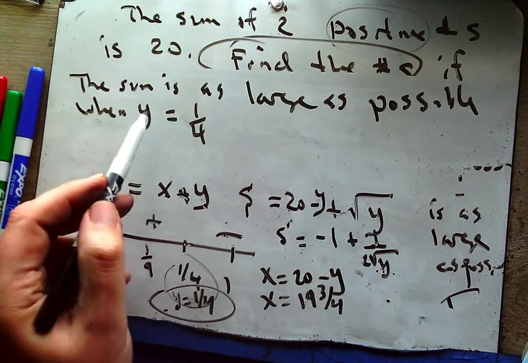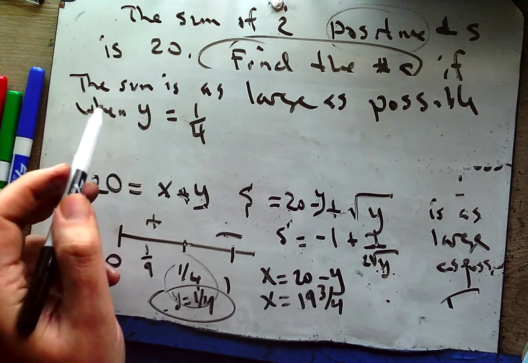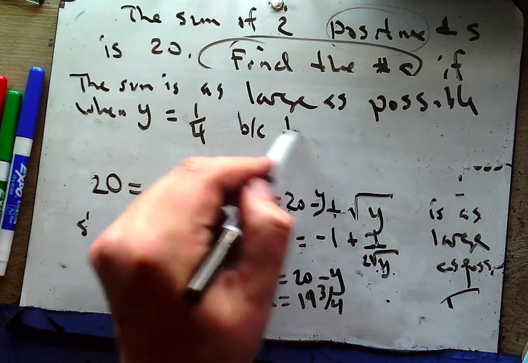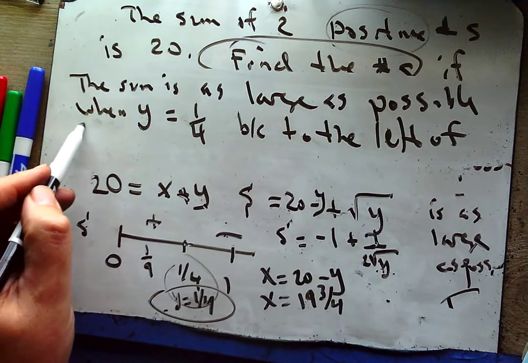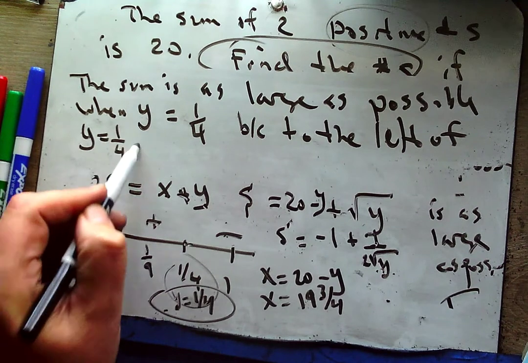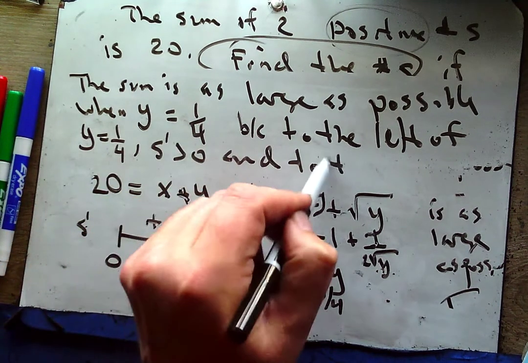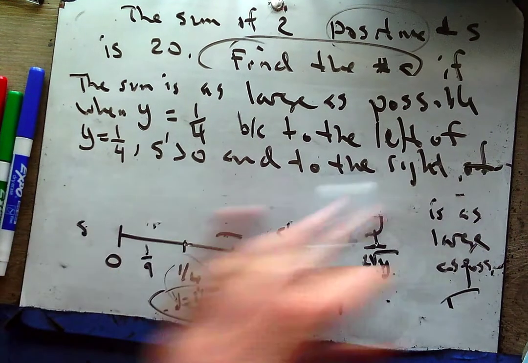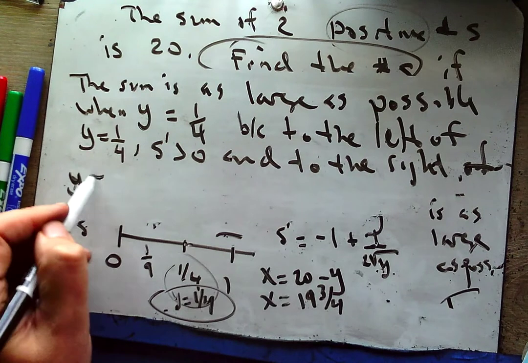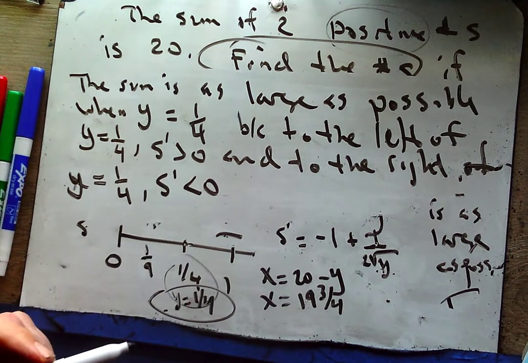You can just attribute to one variable telling you a value. Because to the left of y equals 1/4, s prime is greater than 0, and to the right of y equals 1/4, s prime is less than 0.